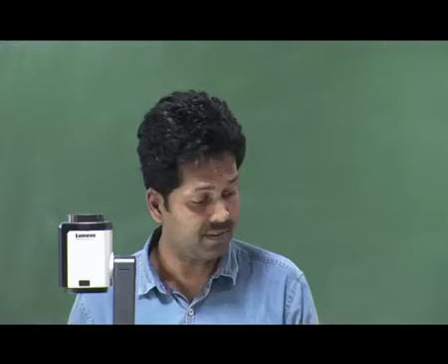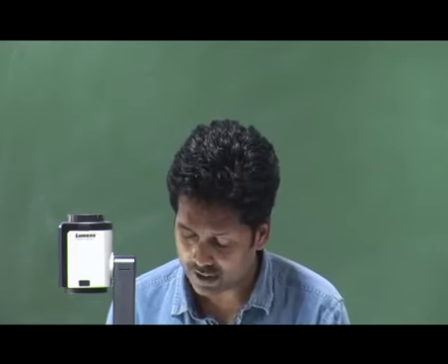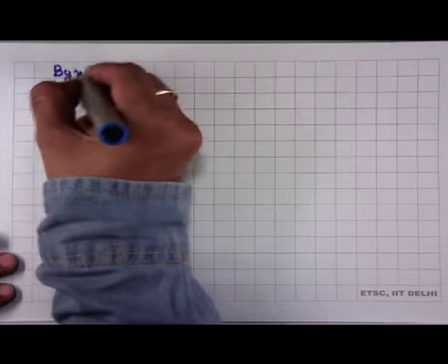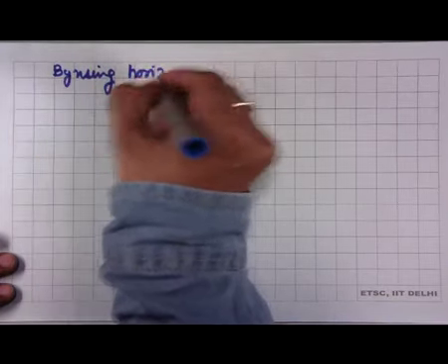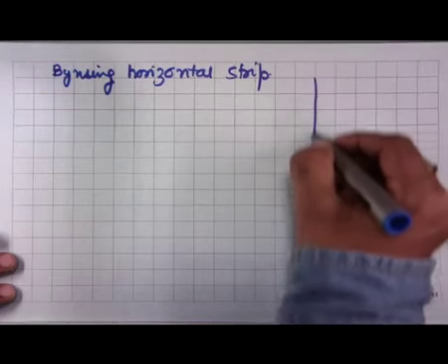Similarly, this we have done via vertical strip. Let us do it by using horizontal strip. So let us draw the ellipse again.